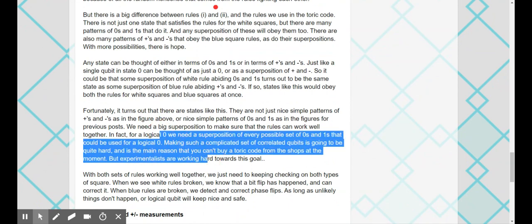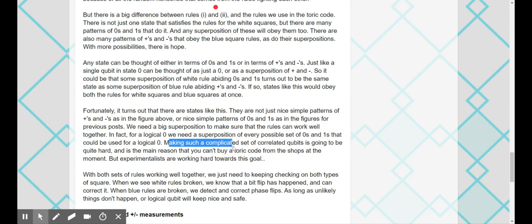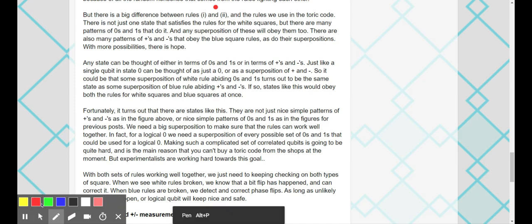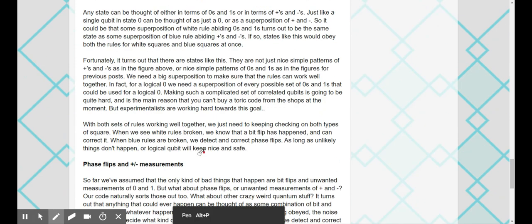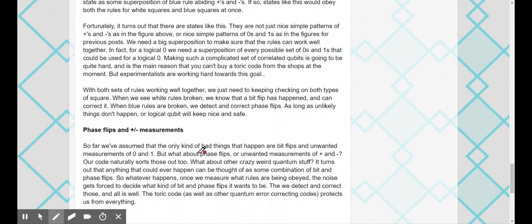What about trickier superpositions? What this is basically telling us is that it's not just so nice.